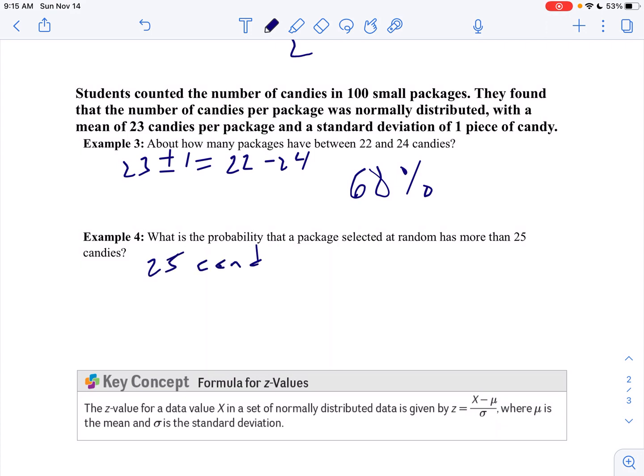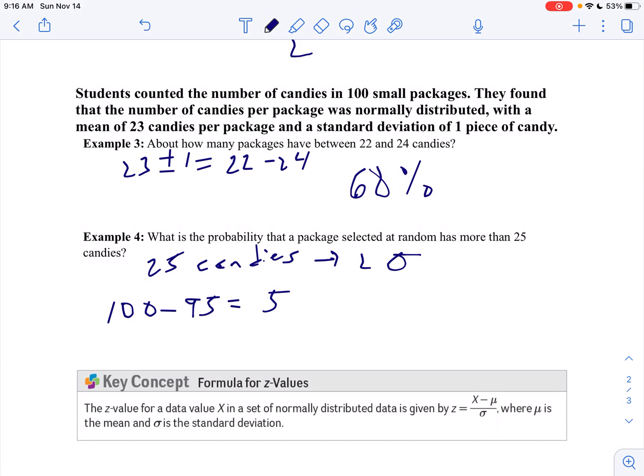is going to be 2 standard deviations, right? I'll use the correct symbol for standard deviation here. So in other words, I take 100 minus 95, because the empirical rule says 95% are within 2 standard deviations.